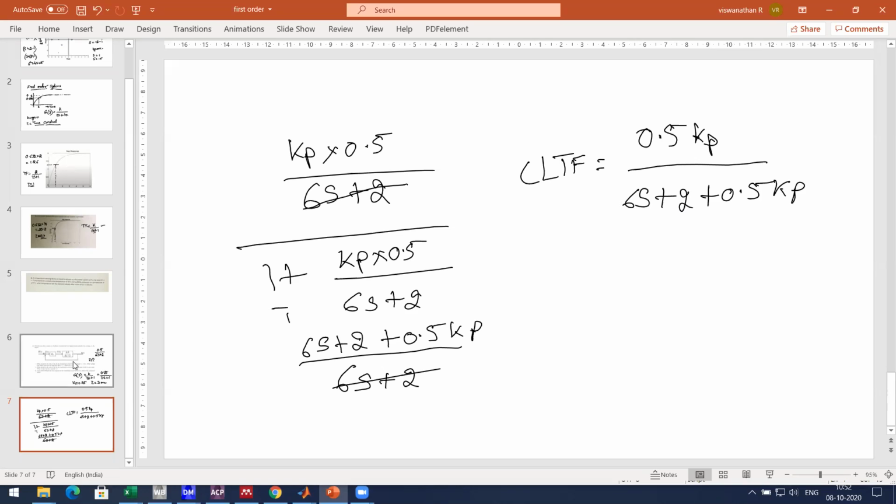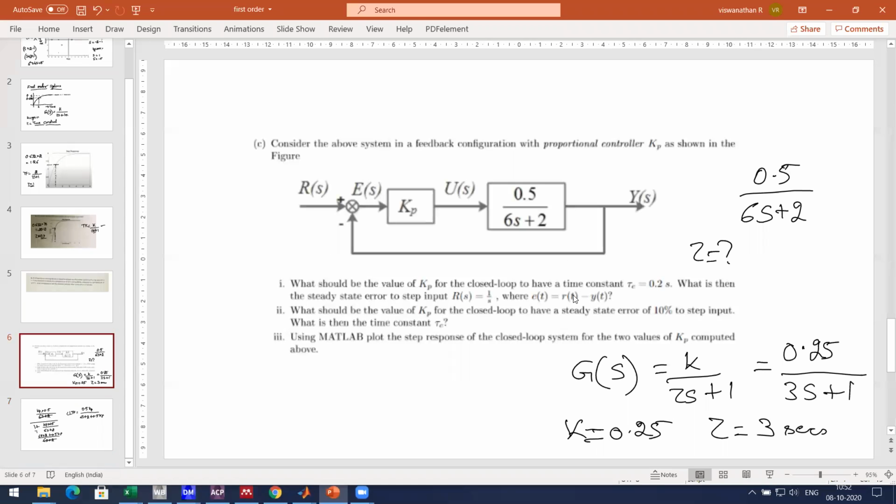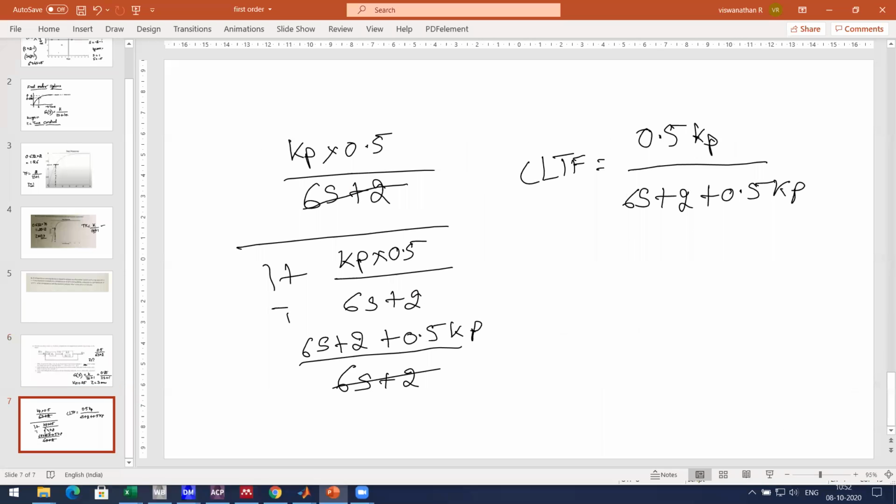So what is he asking? What should be the value of Kp for the closed loop to have a time constant of 0.2 seconds? How do you find the time constant from this?